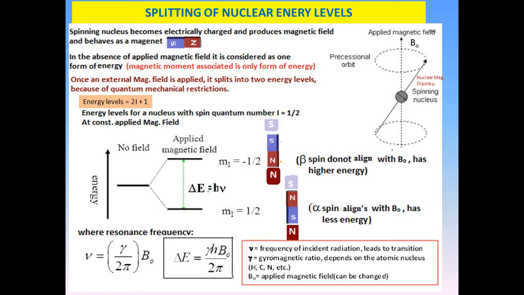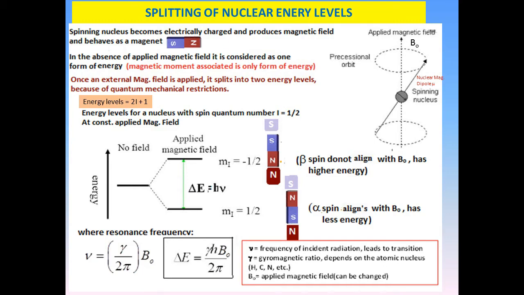Let us consider a proton, which has I equal to 1 by 2. When we substitute in the expression 2I plus 1, that leads to two energy levels. So at a constant applied magnetic field, we can see two spin states resulting from the spin quantum number I equal to half.